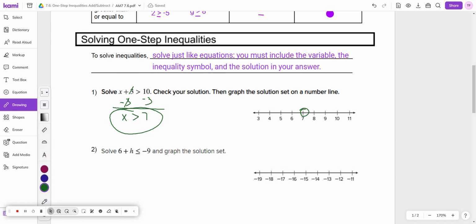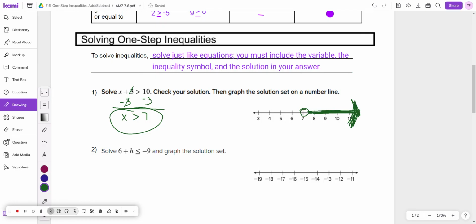So looking at this, since the inequality symbol is opening towards the variable, it means the variable is bigger than the solution, bigger than 7. So that means I'm going to shade off to the right of my circle. Don't forget you need to put your arrow. All right, moving on down to number 2.